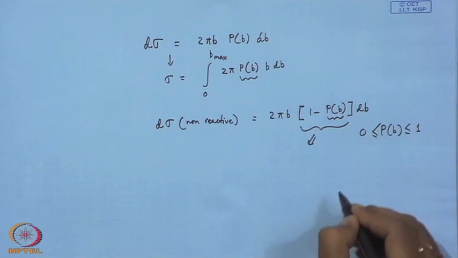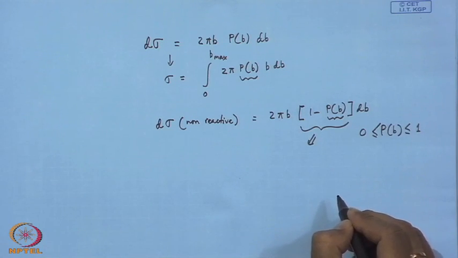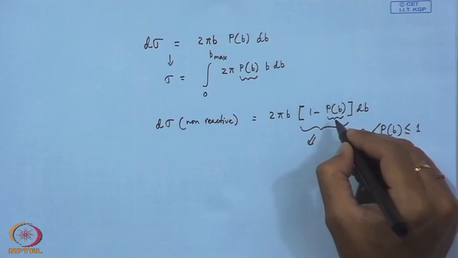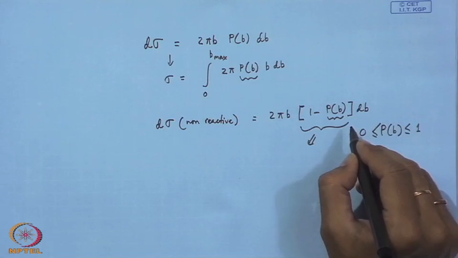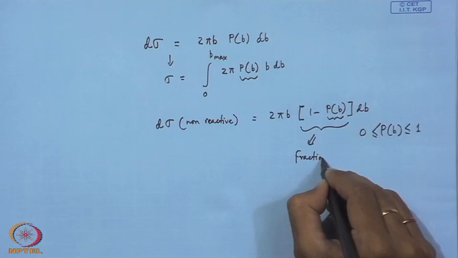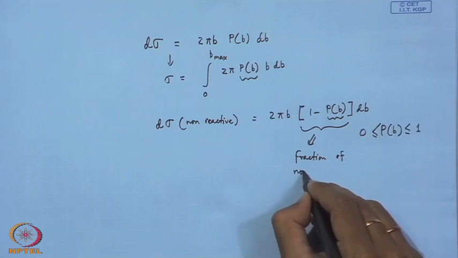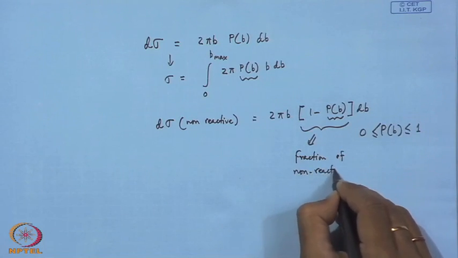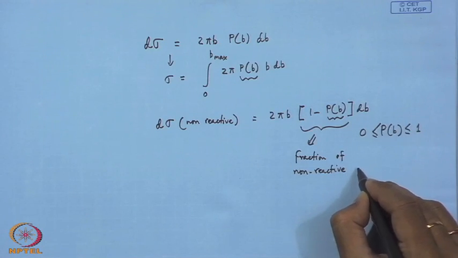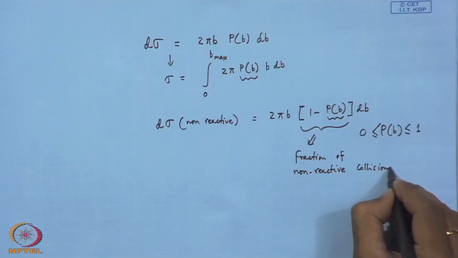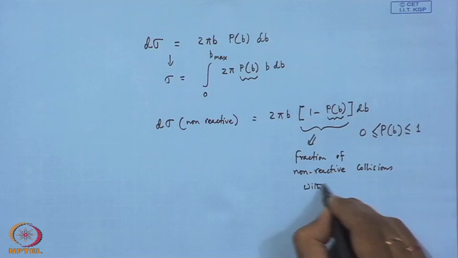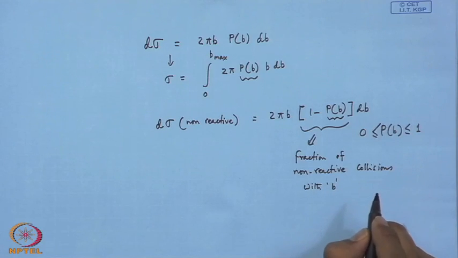The impact parameter may have some value, but with a given impact parameter, this is the fraction of the collisions that are not reactive, the fraction of non-reactive collisions with impact parameter b.